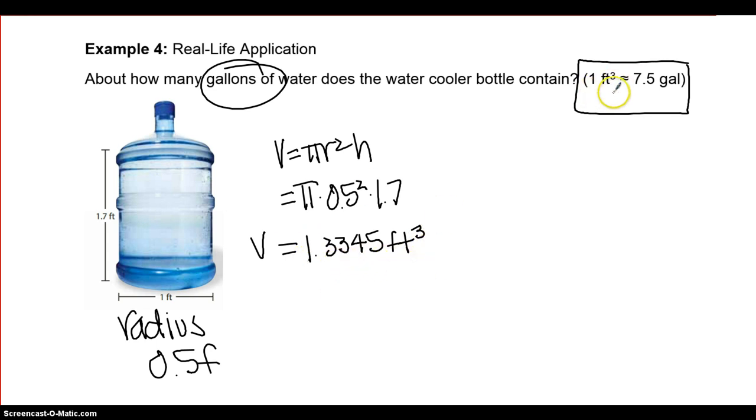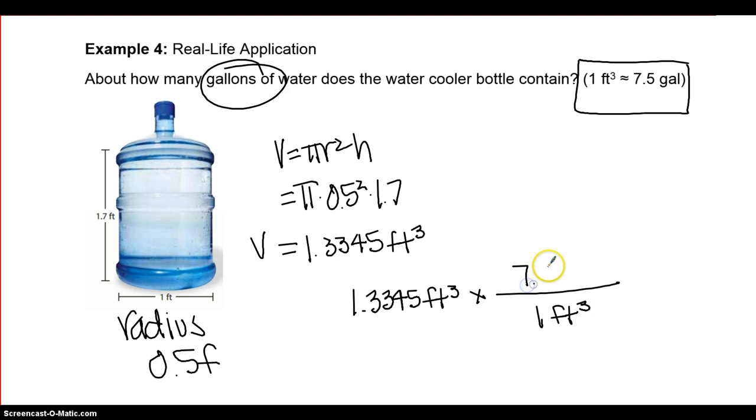So now I'm trying to find how many gallons. So then we need to set up a conversion. So 1.3345 feet cubed of water, and then we need to multiply it by our conversion of 1 cubic foot is equal to 7.5 gallons.